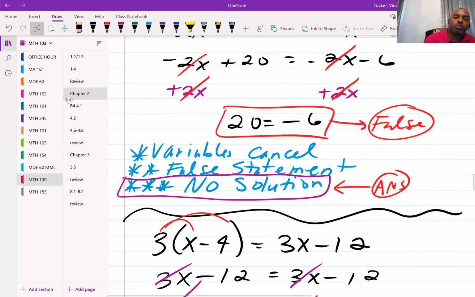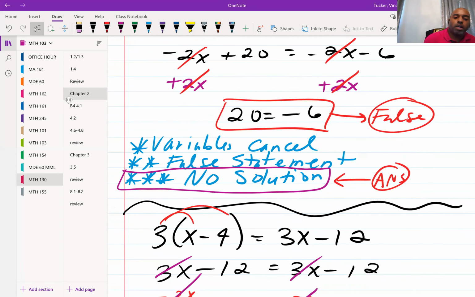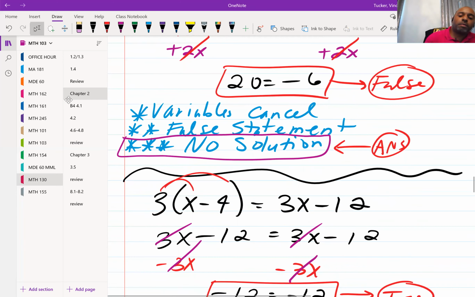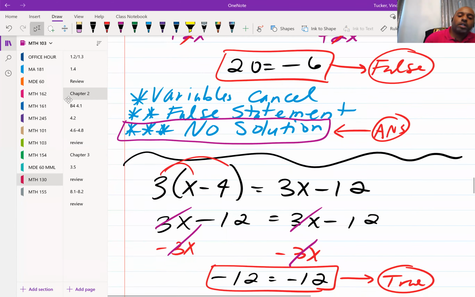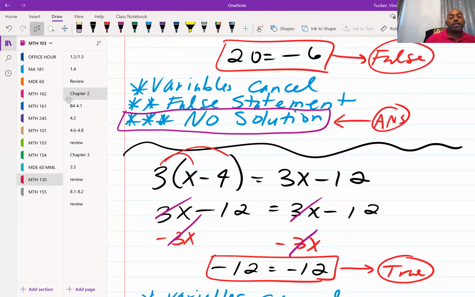All right, last one. 3 times the quantity x minus 4 equal to 3x minus 12. So distribute the 3. That'll be 3x minus 12 equal to 3x minus 12. When you subtract 3x from both sides, this time our variables cancel on both sides, but this time it gives us a true statement.